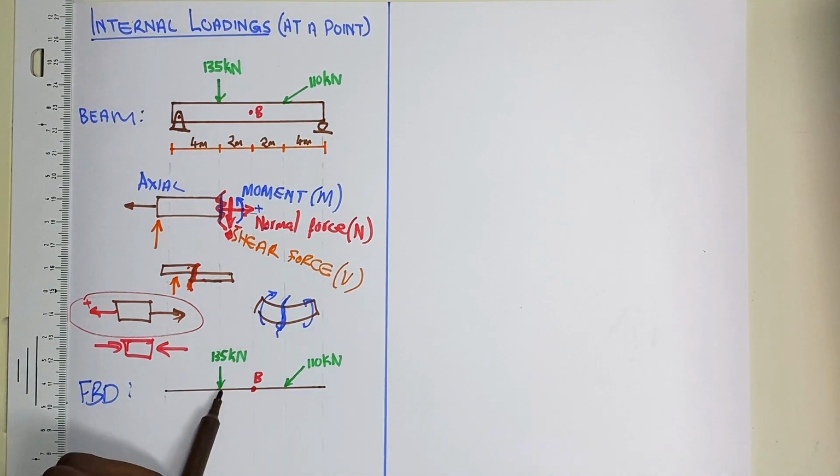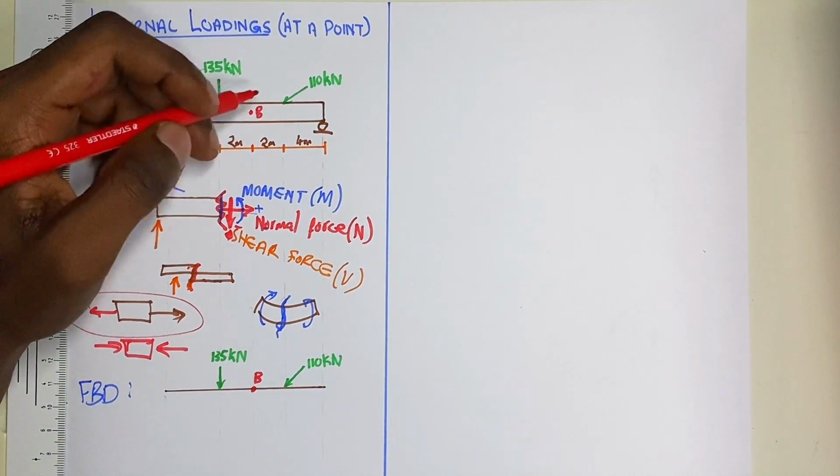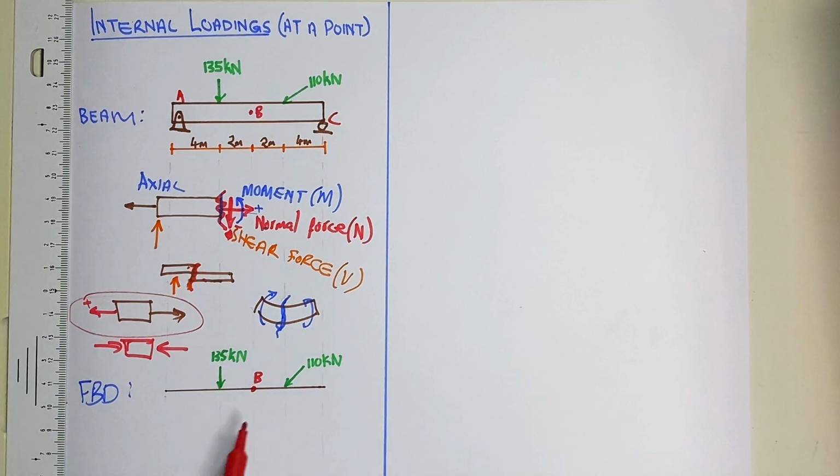I have my force here, 135 kilonewtons, and then I have my force of 110 kilonewtons acting at an angle. I'm just going to name my points here as A, B, and C. Also here, I have A, B, and C.